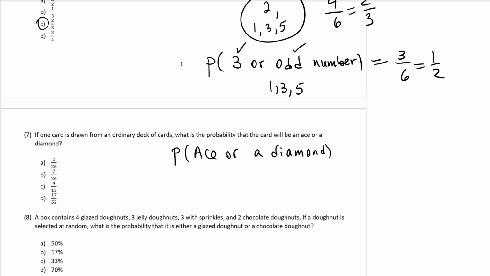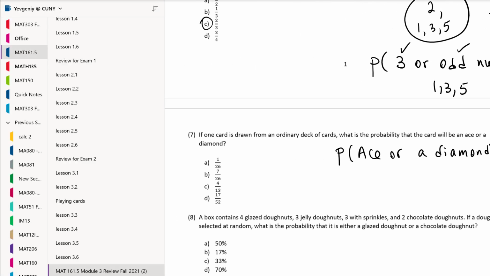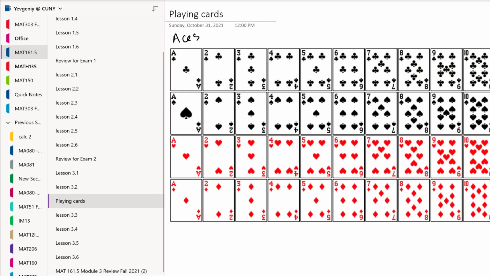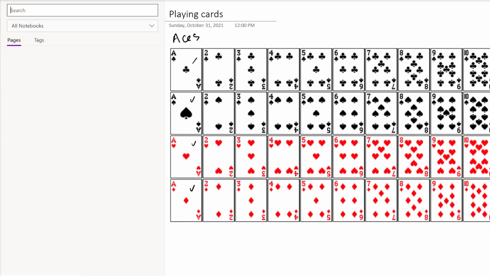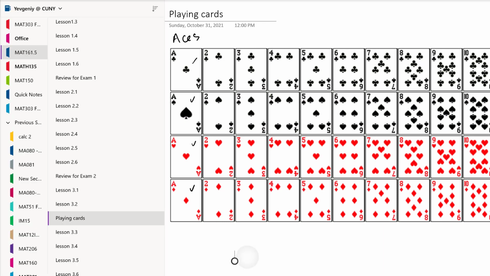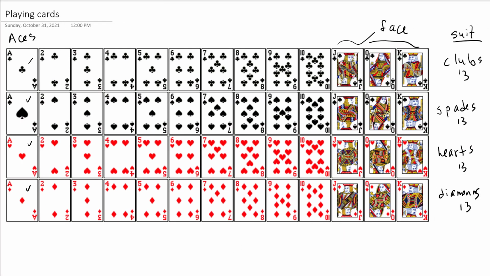You can think of this visually by looking at all the playing cards. I got 1, 2, 3, 4 aces, correct? And then I got 13 diamonds.